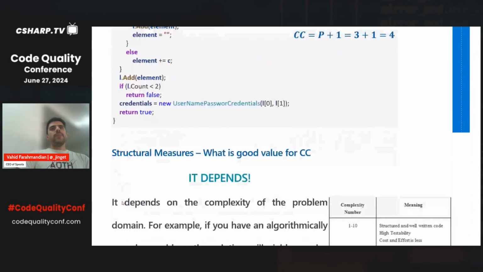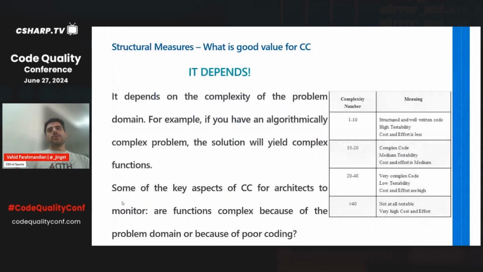Okay, what's a good value for cyclomatic complexity? Of course, finding the good value for cyclomatic complexity has a direct relation with the problem area we're working on. Sometimes we're working on a complex problem which has only one complex solution.